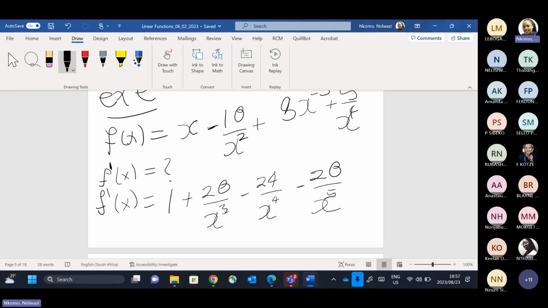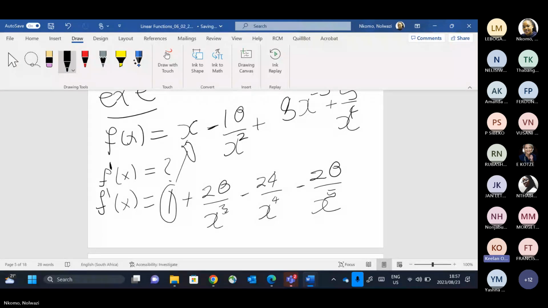Anyone with a different answer? Sorry. That's fine. Yeah, it's fine. I got 1. I started with 1 over x. 1 over x. Yeah. And then the rest is the same. Okay, here we have 1 over x, meaning if you differentiate x, you obtained 1 over x.